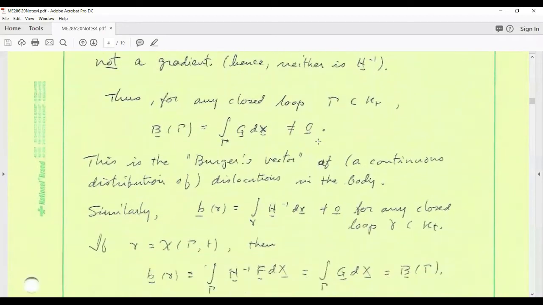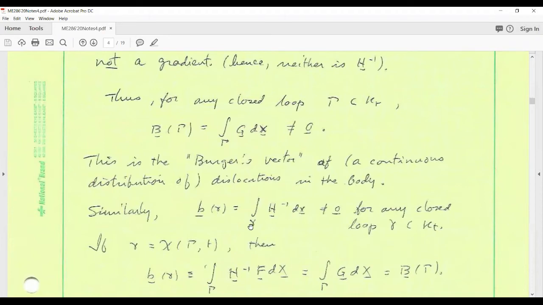Okay, so if we draw a loop, a closed curve, say small gamma, in the current configuration, then the closed contour integral of H inverse dx will also not be 0. We'll call this small b. It's another way of defining a so-called Burgers vector associated with that loop in the current configuration.